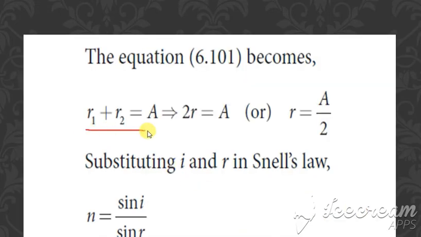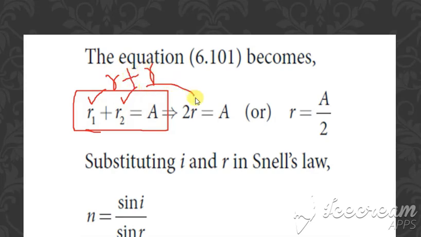One more equation we know from the prism is r1 plus r2 is equal to A. In the same way here, instead of r1 and r2 substitute r, so we get r plus r, which is 2r. So 2r is equal to A. Now bring this 2 down, so we get r is equal to A divided by 2.